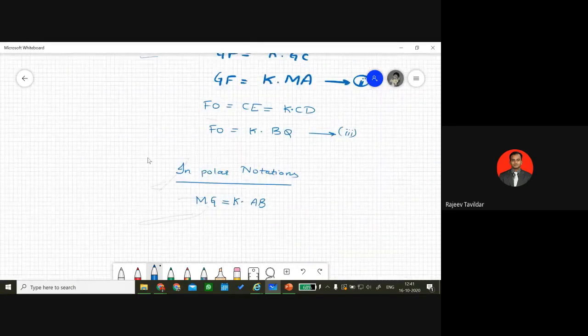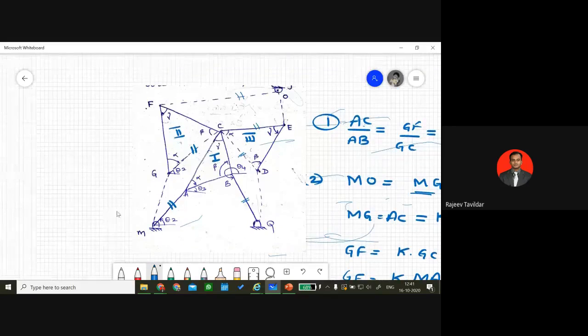Okay, I'll just rectify this here. In polar notation, I will first write what MG is equal to. So you can see here in this diagram, this MG, can you see the parallelogram and tell me MG is equal to which line? AC, sir. Exactly. MG will be parallel and equal to AC.